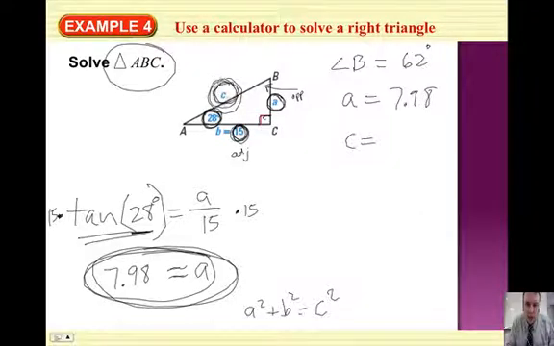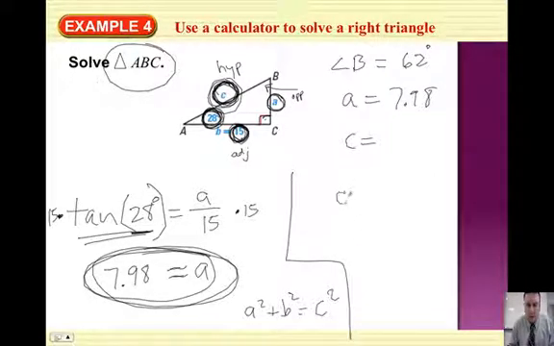And you want C. What trig function does this, all based on this angle? Well, this is adjacent, and this is hypotenuse. Which one deals with adjacent and hypotenuse? That's cosine, right? So you got cosine of 28 is equal to adjacent 15 over hypotenuse, which is C.